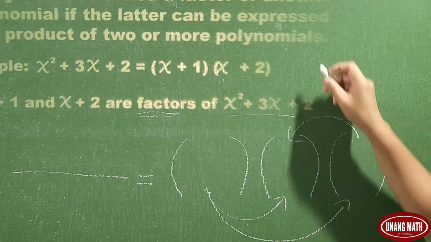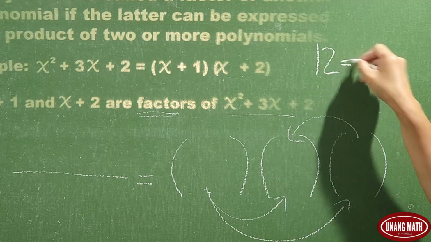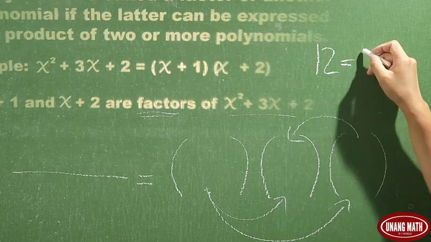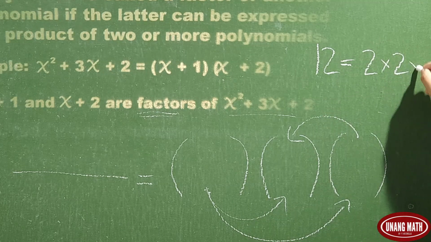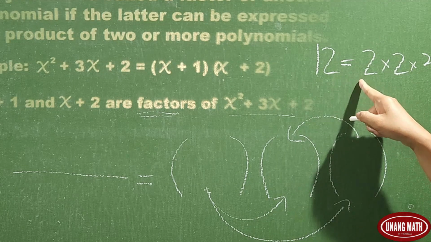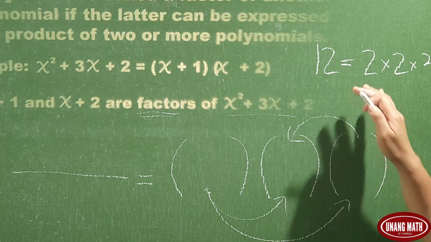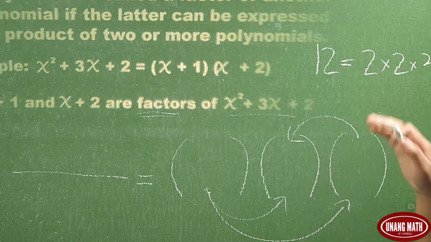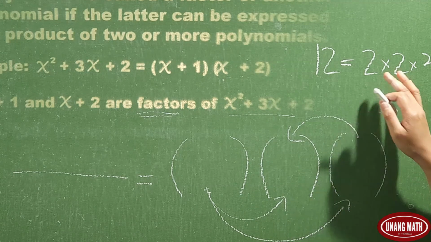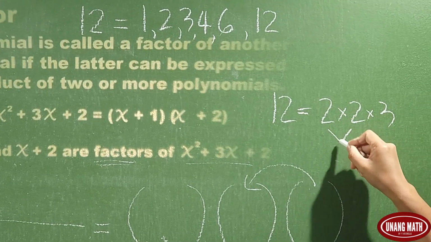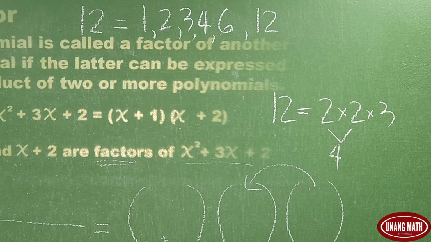Okay, why? Let's say, for example, 12. 12 can be expressed as 2 times 2 times 3. So this is what we call factorization. If we multiply 2 times 2, then this is 4.